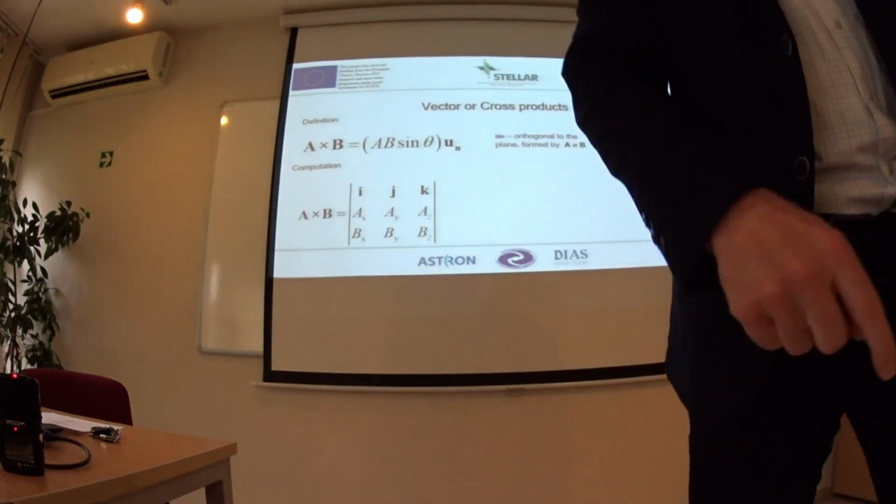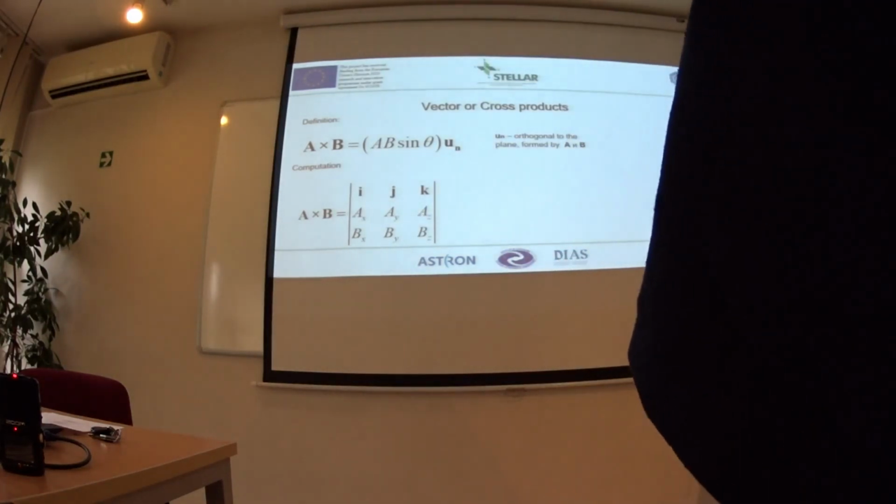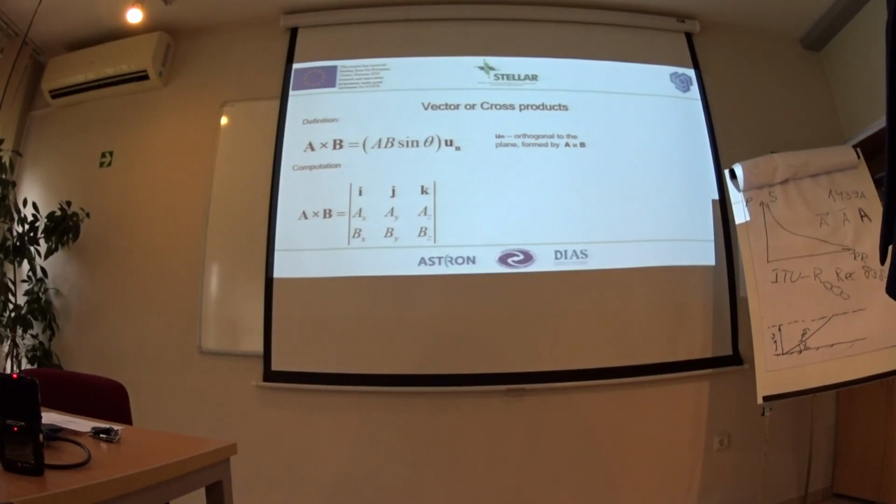So if you have this edge here, and here you have vector A, and here you have vector B, the vector product, the cross product, will point in this direction. That's how it is calculated.